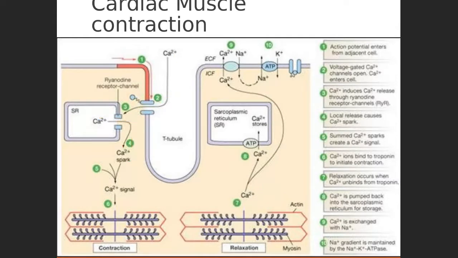Calcium enters the cell by way of our voltage-gated channel. It binds to our ryanodine receptors, and that little bit of calcium that enters the cell triggers a massive release of calcium from our sarcoplasmic reticulum. The calcium that enters the cell induces the calcium release from the sarcoplasmic reticulum.